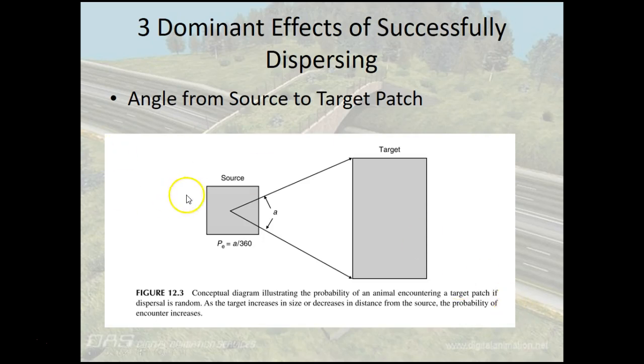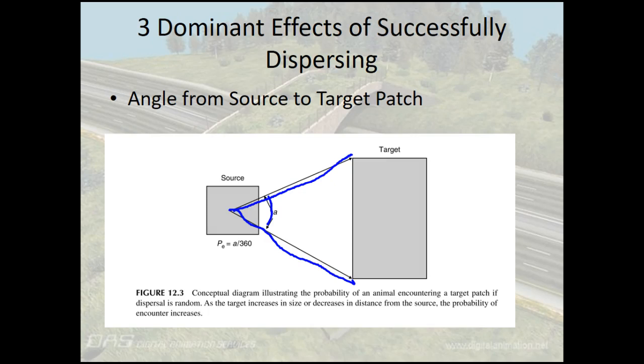When we talk about angle, here's our source patch here, and here's our target patch here. So if you think about it, here's the center of our source, and we can draw this line being the angle here. So the angle A, if that animal leaves, has 360-degree choice on where to go. As long as it leaves within maybe this 45 degrees, let's say, it will eventually hit a target patch.